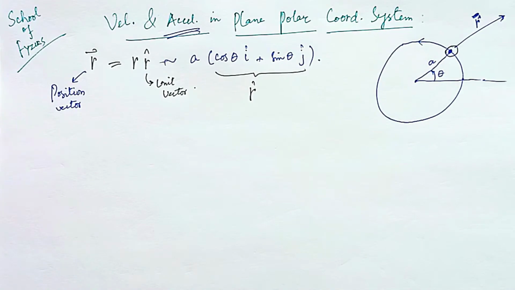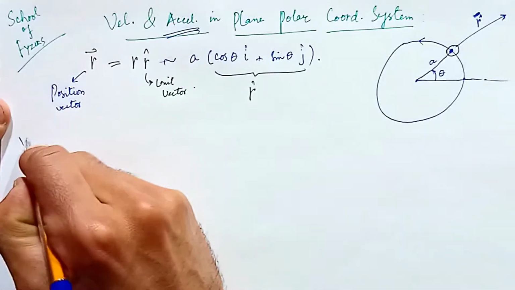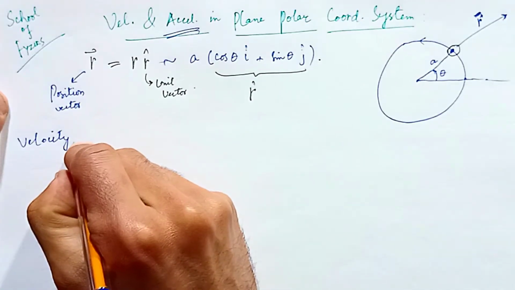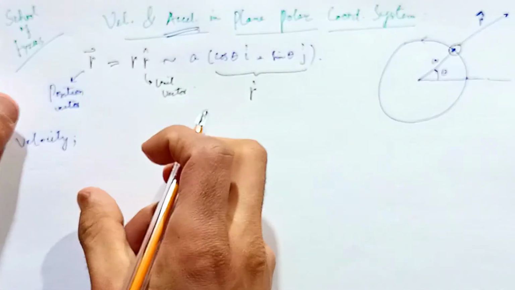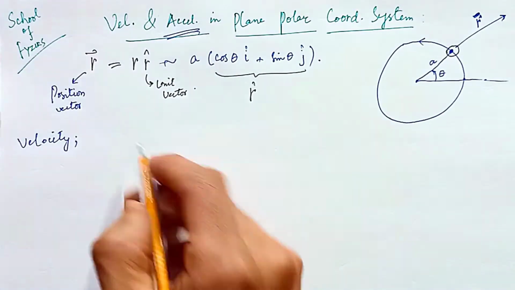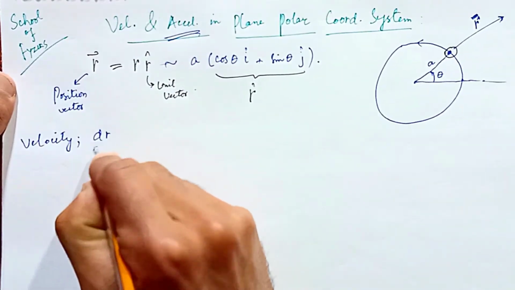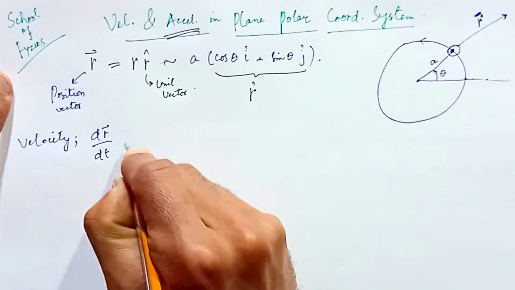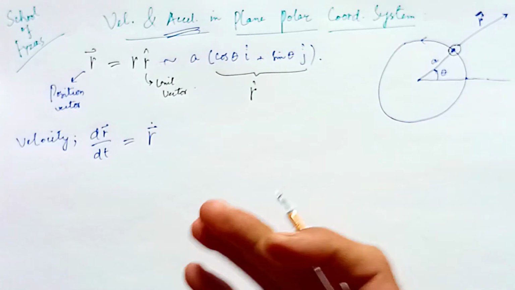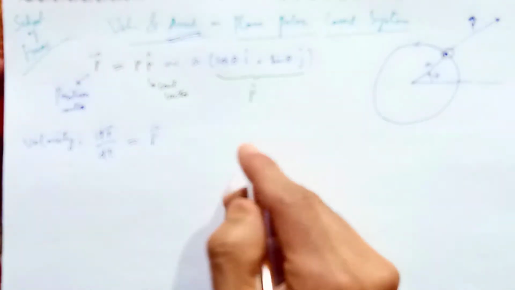Fine, so how to calculate? First we'll calculate the velocity. We know velocity, as I told you earlier, is the first differentiation of the position vector with respect to time. So that is dr by dt. This is represented as r dot, because r dot means differentiation of the position vector with respect to time.